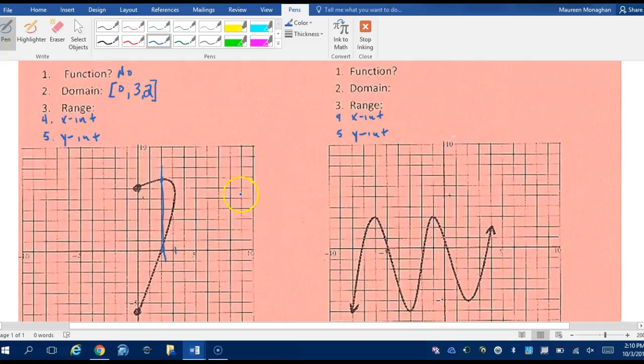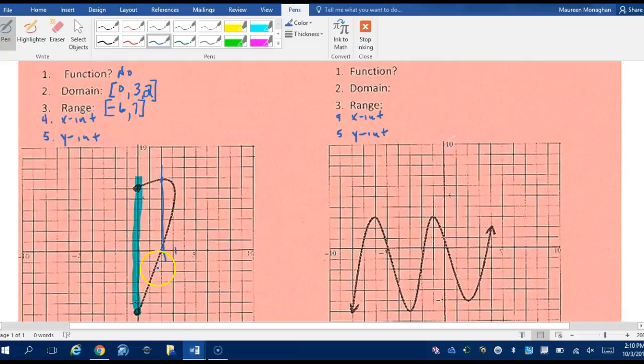3.2. Okay. The range is the y from here all the way up to, it goes a little bit beyond that point. So I would say our range is going to be from -6, remember to start with the negative, and goes up to 5, 6, I don't know, it looks like 7, and it's inclusive.